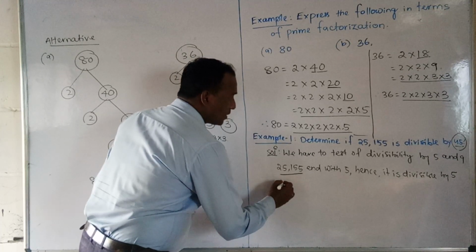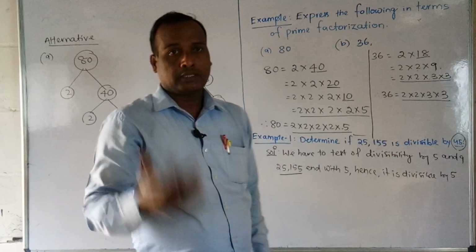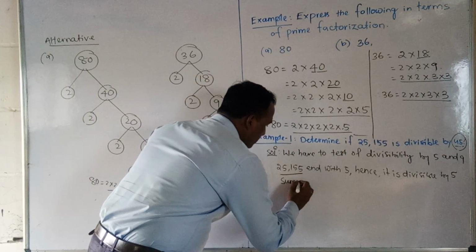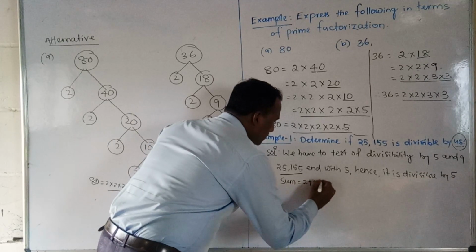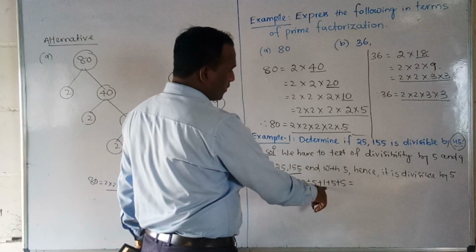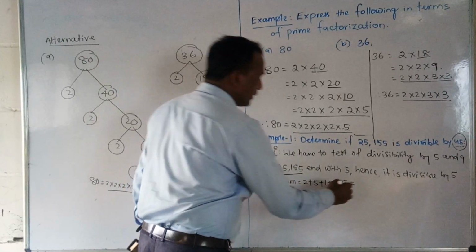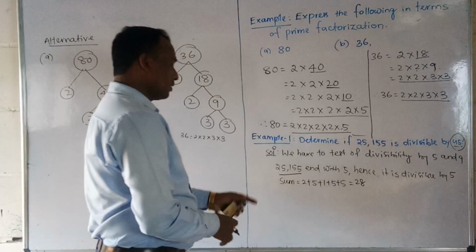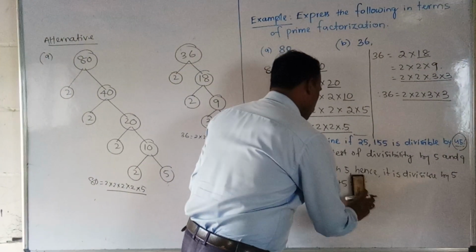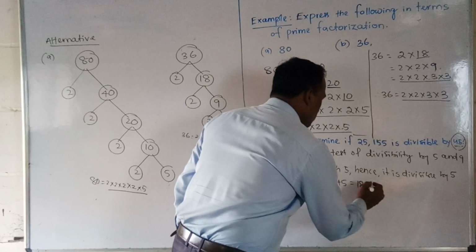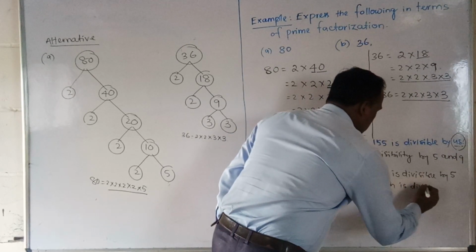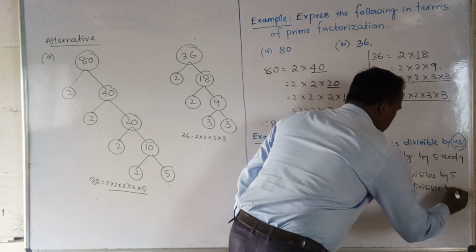Next we check divisibility by 9. If the sum of the digits is divisible by 9, then the number is divisible by 9. The sum is 2 plus 5 plus 1 plus 5 plus 5, which is 2 plus 5 is 7, plus 1 is 8, 8 plus 5 is 13, plus 5 is 18.